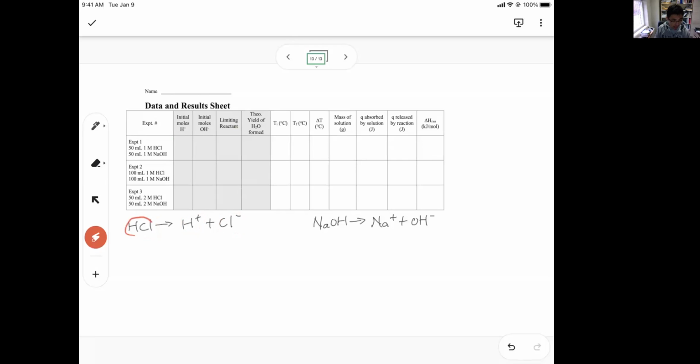There's no HCl molecule left in the mixture. Same thing for sodium hydroxide, 100% dissociation. What does that mean to us? If this is 100% dissociation, originally it's 1 mole per liter hydrochloric acid, then the concentration of H+ would be the same as the original concentration of HCl.